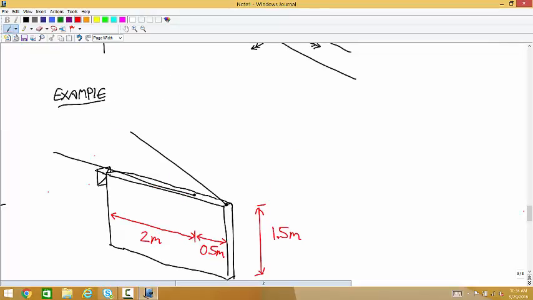And now the dimensions for the connection between the cable and the walls.